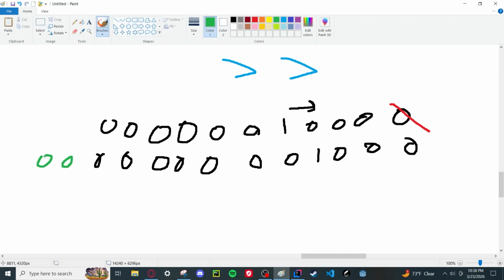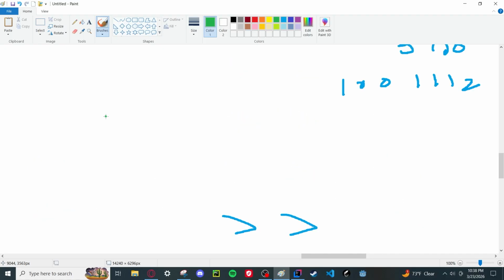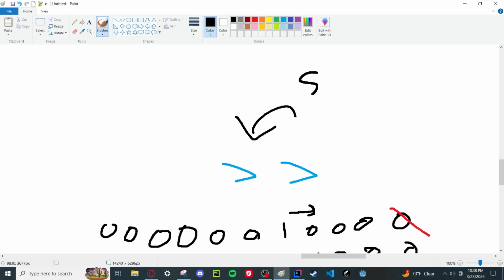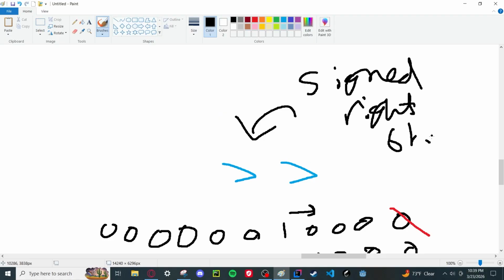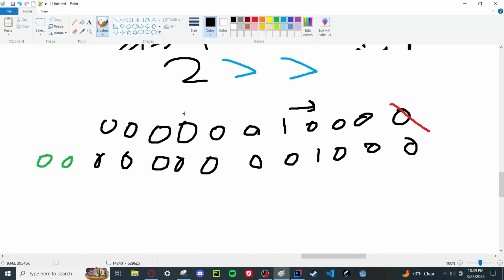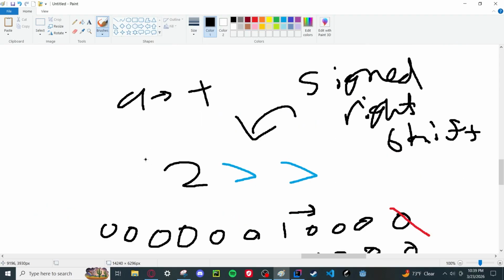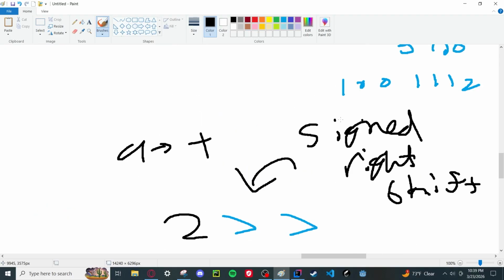But it's not actually zeros we gain. That's a misconception if you think it's just zeros. This is what we call the signed right shift. What that means is, if your A is positive, then you're going to fill in that space with zeros, because your leftmost bit should maintain the sign.